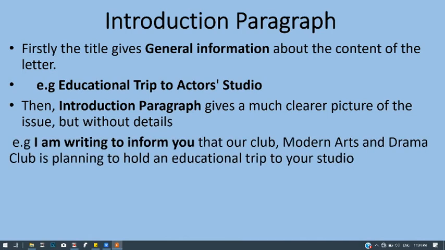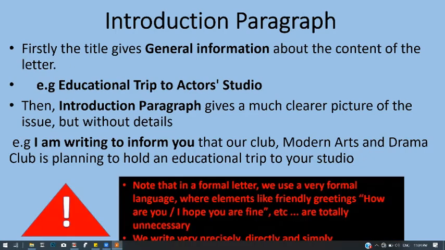For example, I am writing to inform you that our club, Modern Arts and Drama Studio, is planning to hold an educational trip to your studio. Note that in a formal letter, we use very formal language where elements like friendly greetings, how are you, I hope you are fine, we are not using that in the formal letter. They are totally unnecessary. We write very precisely, very directly, and very simply.